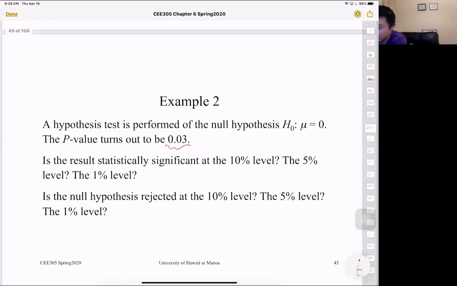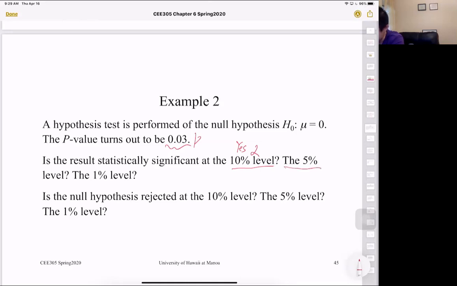Is this result statistically significant at the 10% level? Alpha is 10% here, and p is 3%. Because 3% is less than 10%, p is less than alpha. So yes, the result is statistically significant at the 10% level.